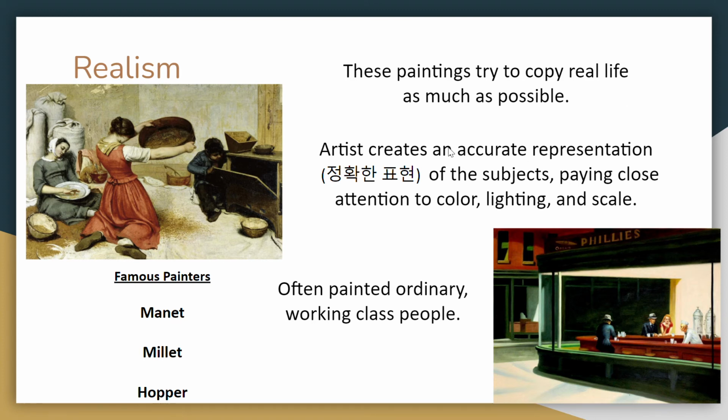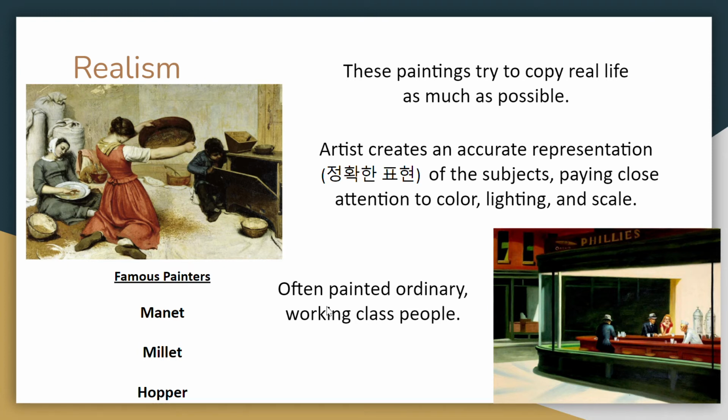The artist creates an accurate representation of the subjects, paying close attention to color, lighting, and scale. So again, the artist wants to paint everything as it is in real life, like a photo almost. So they want to be very accurate, very precise.